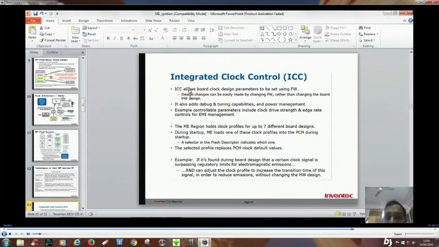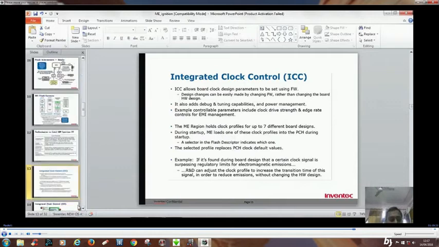Integrated clock control, that is ICC, allows board clock design parameters to be set using the firmware. That is, with settings in the BIOS, we can have several kinds of clock profiles, and you can see the AMI region holds clock profiles for up to 7 different profiles.